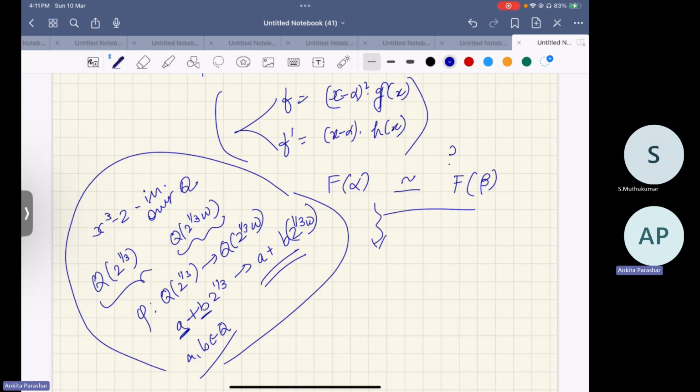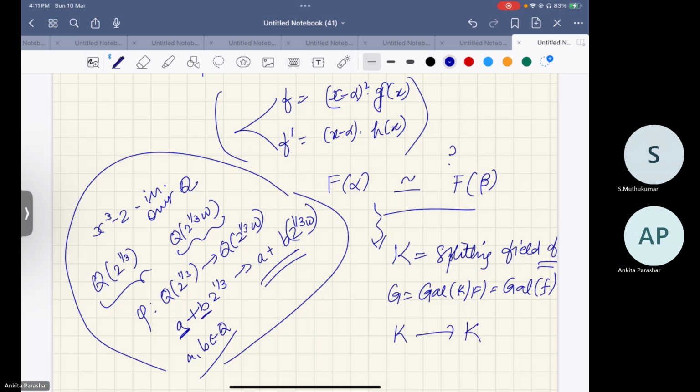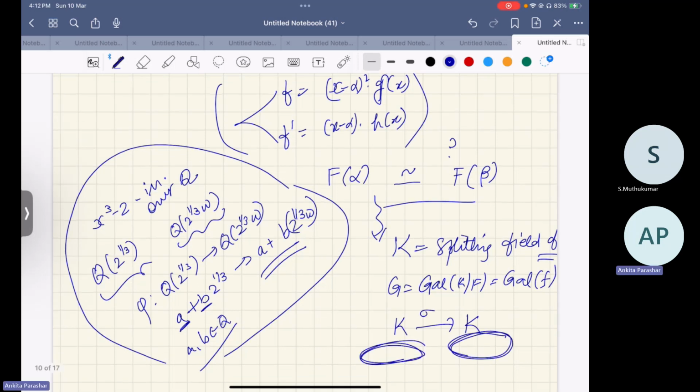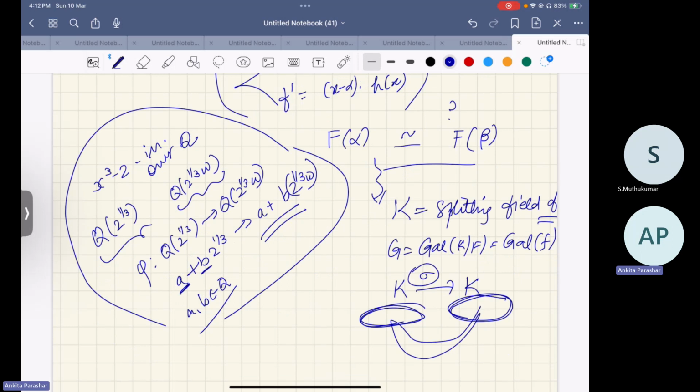So this is one consequence, and therefore they are always isomorphic. And not just that, whenever you have a splitting field, let's say K, we can extend this idea to all the roots. K is the splitting field of your F. If G is Galois K over F, which is the Galois group of your polynomial F, then given any two roots, you can always find a sigma, because all automorphisms are nothing but permutations of roots.